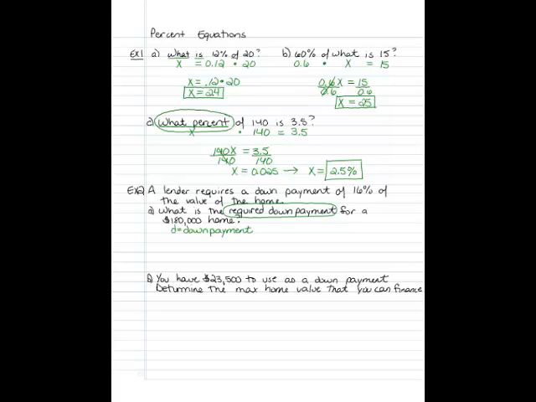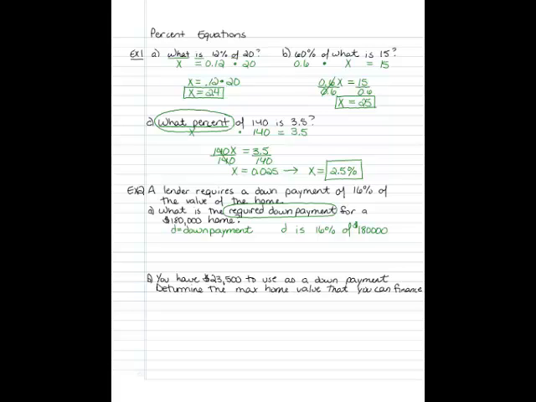And then we need to look through the problem to see how we can set this up to figure out the down payment that is required. So a lender requires a down payment of 16% of the value of the home. And what is the required down payment for a $180,000 home? So D, our down payment, is 16% of $180,000.